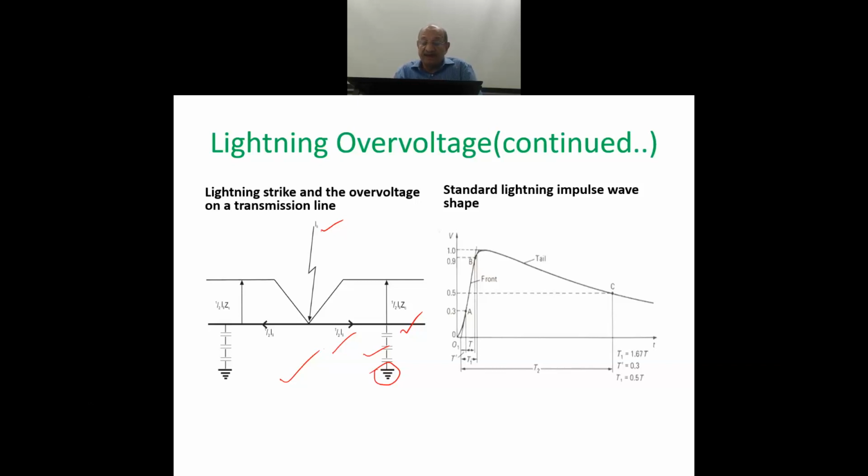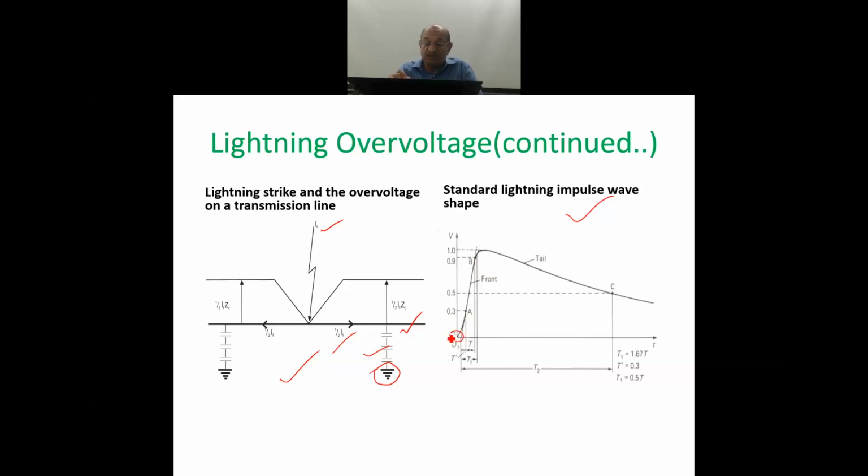The lightning, the typical wave shape, as you can see here, is the standard lightning impulse wave shape. This has been derived from a lot of actual measurements of the lightning impulse. Because it is a very, very fast wave, with duration in microseconds, sometimes it is difficult to locate its zero.